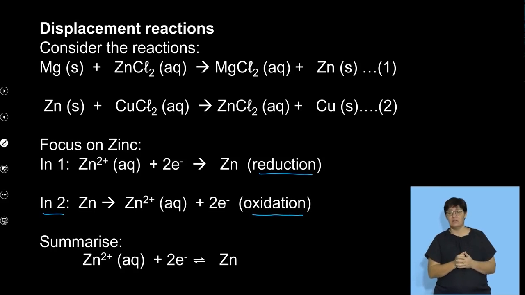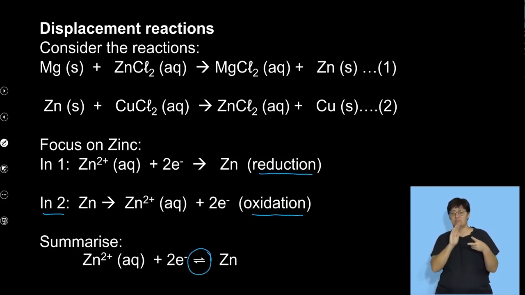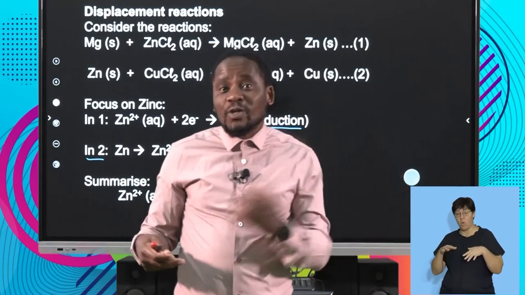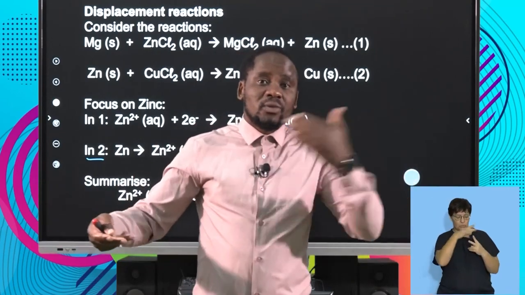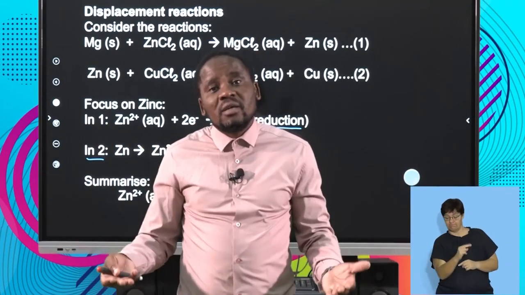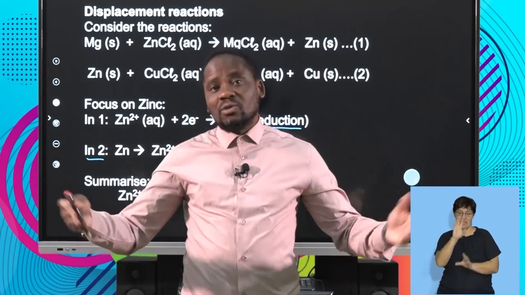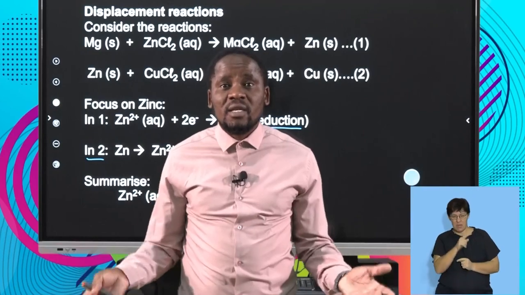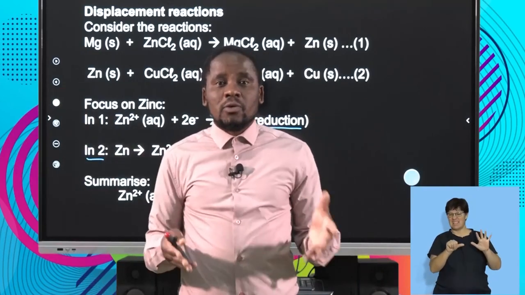So in summary, 2 things may happen to zinc. The double arrow there shows us that there is a possibility for zinc ions to be reduced or for zinc atoms to be oxidized. So you may choose to read this equation from left to right or right to left, depending on the reaction in which zinc is involved. So remember the analogy of the 6 and 9. We're still saying the same thing. It entirely depends on which substance we are comparing zinc with.